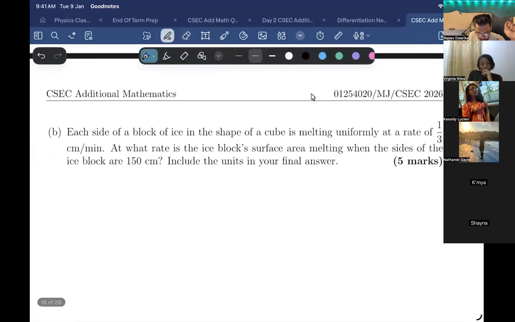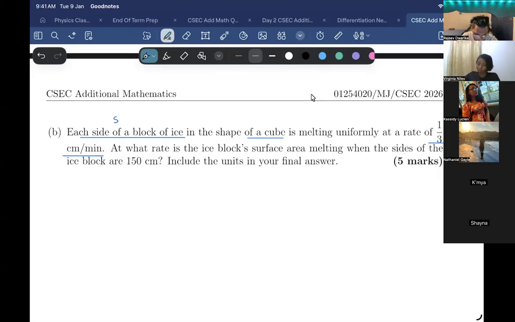Each side of a block, we want to call our side S. You know what? I talk too much. I want you to take the wheel and try to explain it to me. Each side of a block of ice in the shape of a cube is melting uniformly at a rate of a third centimeters per minute.